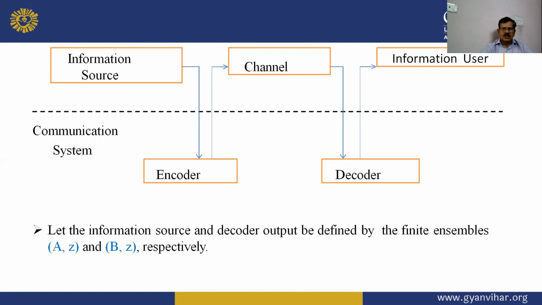In this block diagram, there is the information source. The output of the information source is applied to the encoder, the encoder's output is applied to the channel, and the channel applies this signal to the decoder, and the decoder applies it to the information users.